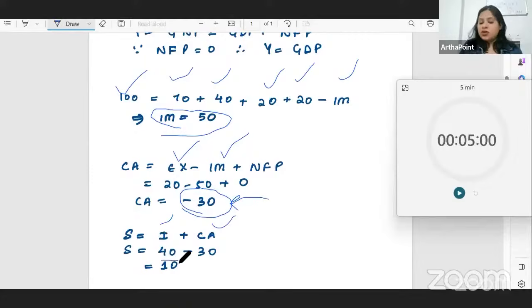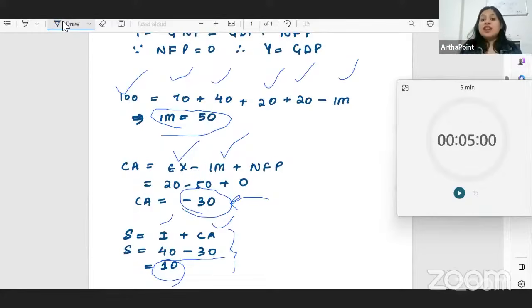Investment is 40. So 40 minus 30 will be 10. So savings will be 10. Right? This is just using your identity. Your identity says that S is equal to I plus CA. So I is 40, CA I have found as minus 30, so I plus CA will be 10. So my savings will be 10.